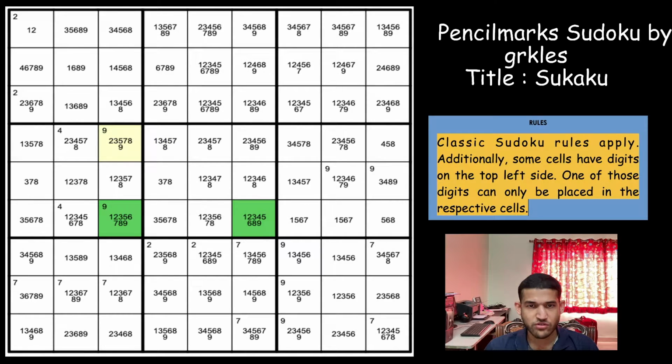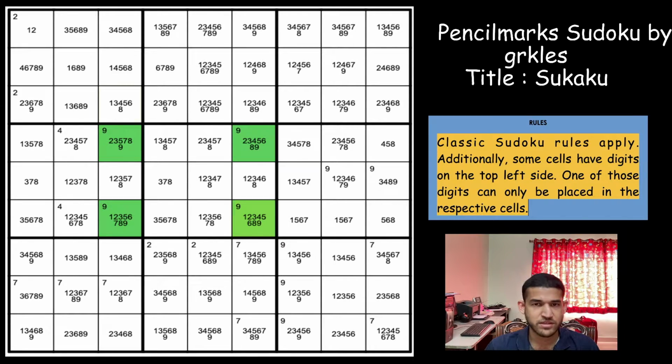So in row 4, if you look closely, 9 is in row 4, column 3, or row 4, column 6. No other cell can take a 9. So just double checking. Okay, so which means that 9 is in one of these two cells and 9 is in one of these two cells, right? So we can eliminate the rest of the 9s along that column.